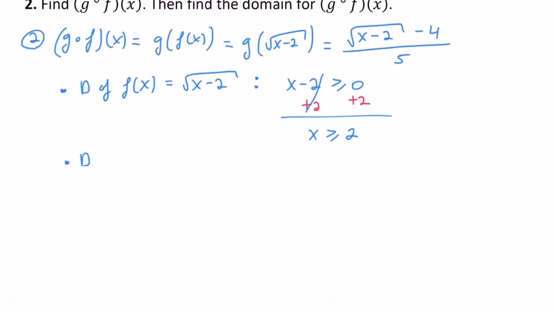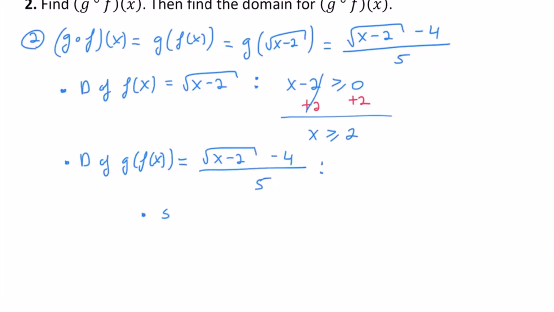The second step is the domain of g of f of x, the one that we found: (the square root of x minus 2 minus 4) over 5. So here we have a fraction.